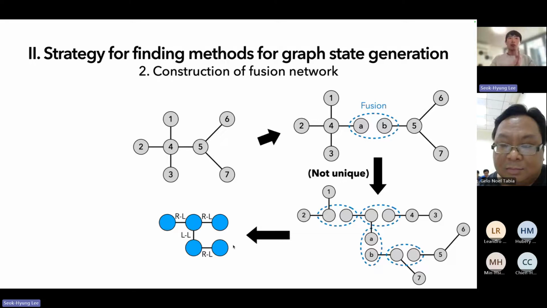We will perform the fusions step by step, and if a fusion fails, then we discard the qubits that are involved in the fusion. But photons that are not involved in the failed fusions are not discarded in this process. If you take this approach, it will definitely reduce the resource cost compared to taking the repeat-until-success approach as a whole. But the way to determine the fusion network makes this resource cost different.